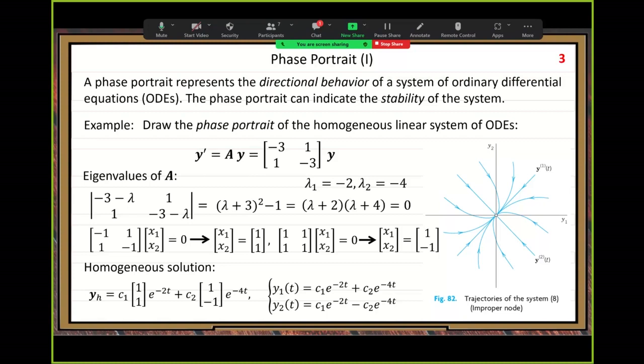On my next slide, I will explain one by one, because there are several different types of trajectory. So we take different values for C1, C2, and you can see we get different types of trajectories. All right, so let's see it.